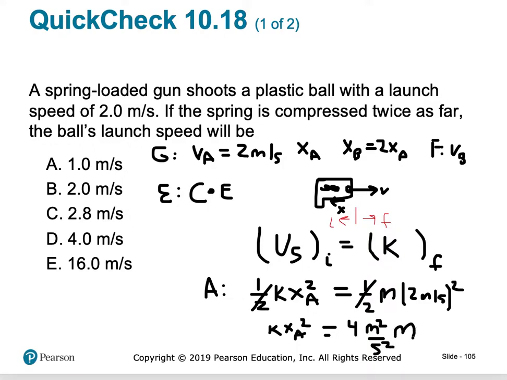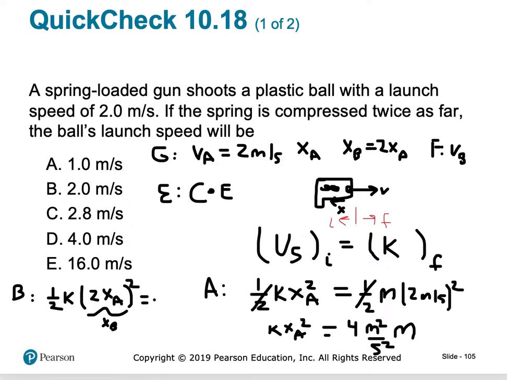Now let's look at case B. In case B, we still have the spring being compressed, 1/2 K. It's still our spring constant K, but now we're compressing it to 2XA. This is our XB here. And we need to square it.